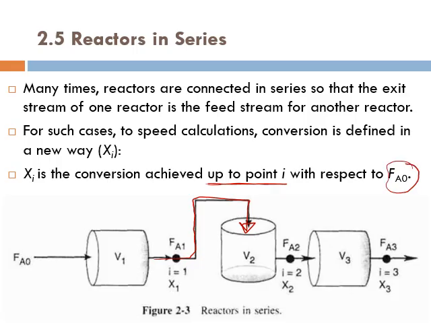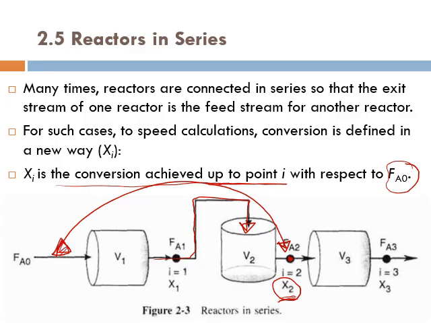So our reference is always the feed to the first reactor. If we say X2, that means the conversion achieved up to point 2. This is stream 2, this is point 2, so this is FA2.